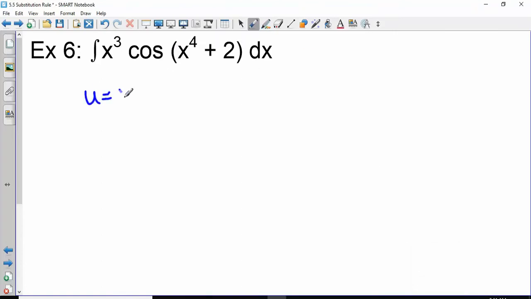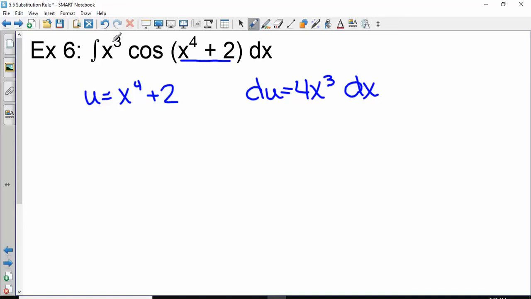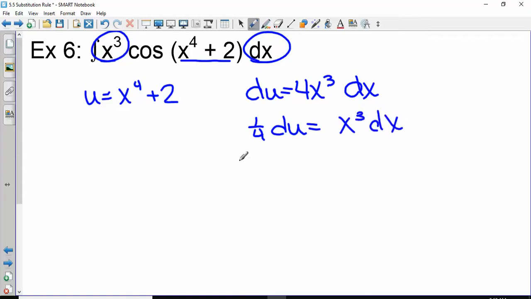X squared plus 2. So du, the derivative of that, would be a 4x cubed dx. We need this, and then we need an x cubed dx, so I don't want the 4, so I'm going to divide that over. So 1/4 du is x cubed dx.